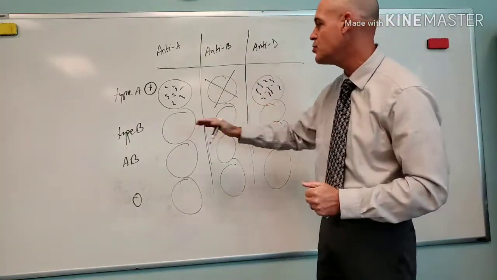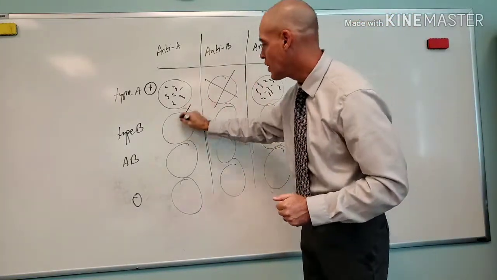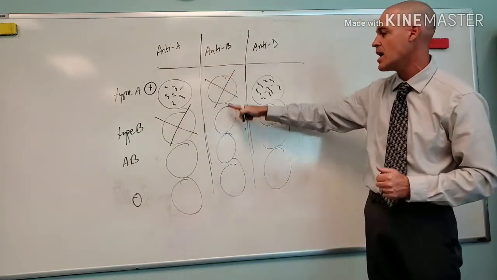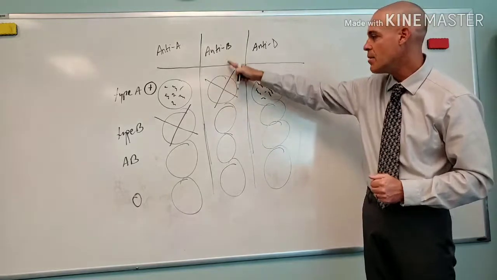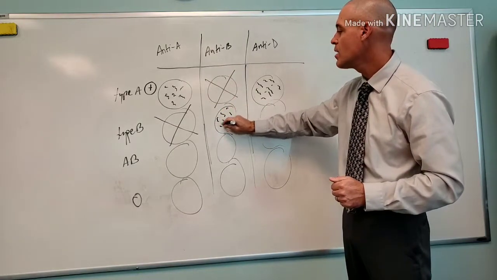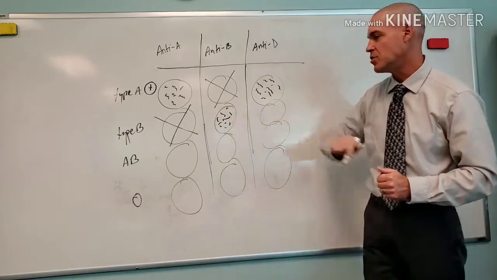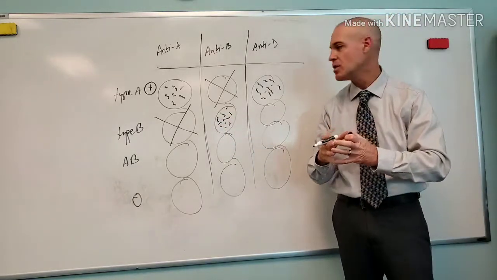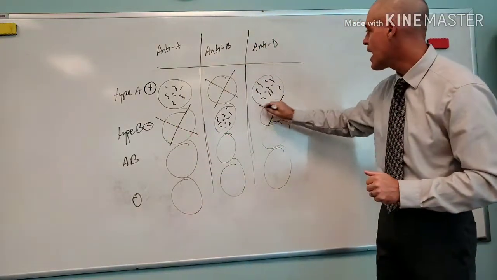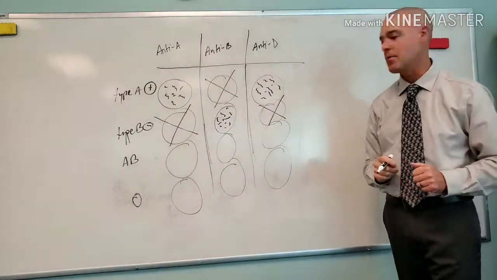So if we go down to the type B person, we're going to get no reaction here for the A antibodies, but the B antibodies will react with the B antigen. Okay, so we'll get that agglutination reaction. Let's say they're a negative blood type. That means we'll have no reaction here under the D antibodies.